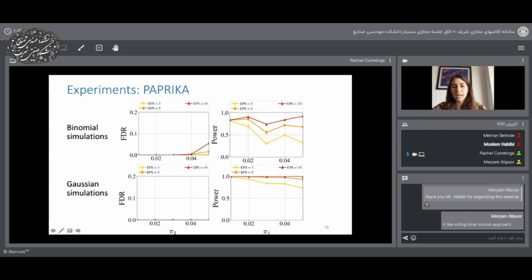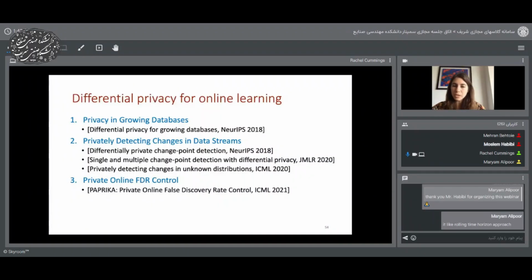And recall, we like that being very close to 0. We also empirically evaluate power, and we like that being closer to 1. And we see here that our power is close to 1 if we have a larger epsilon. And in the Gaussian case, we actually have very nice power all the way. So this is actually all that I have. I know that it was an overview.